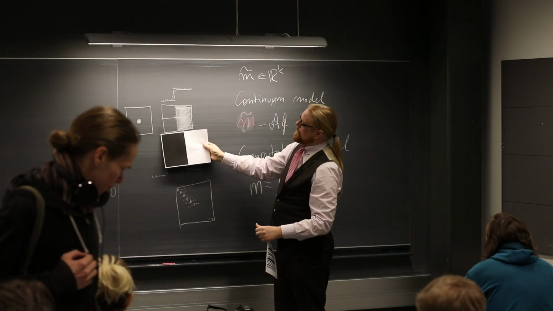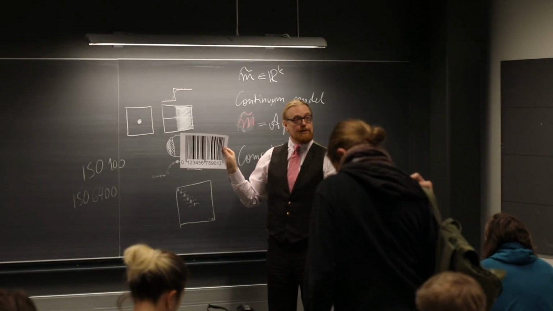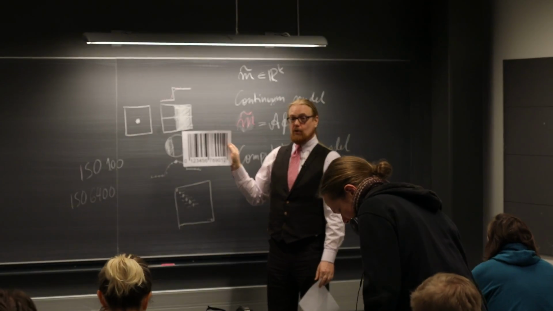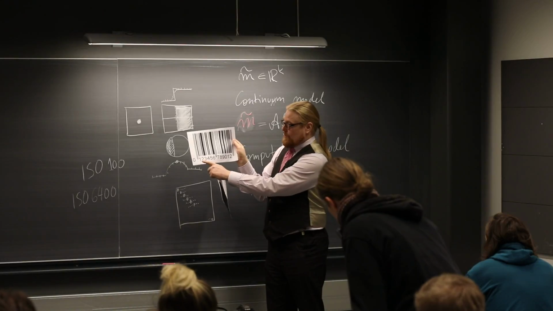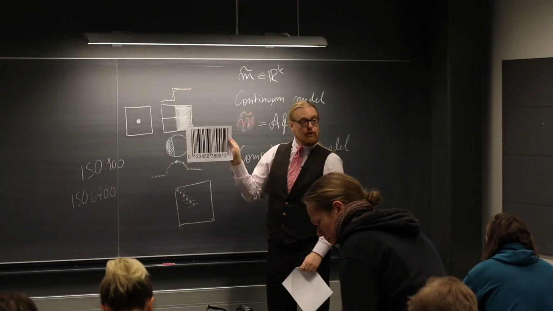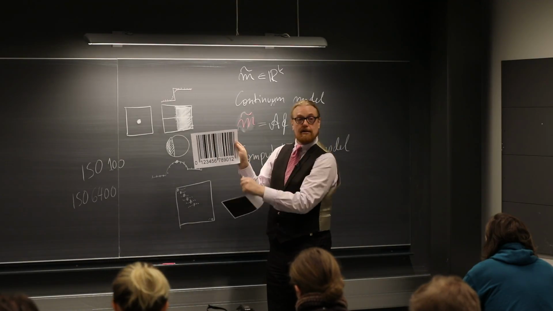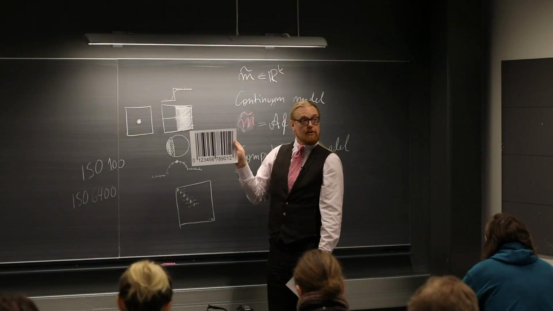Okay, so this one, and then to make it kind of interesting, this is an EAN code showing all the numbers possible in the code. So let's try to recover this code from the picture.